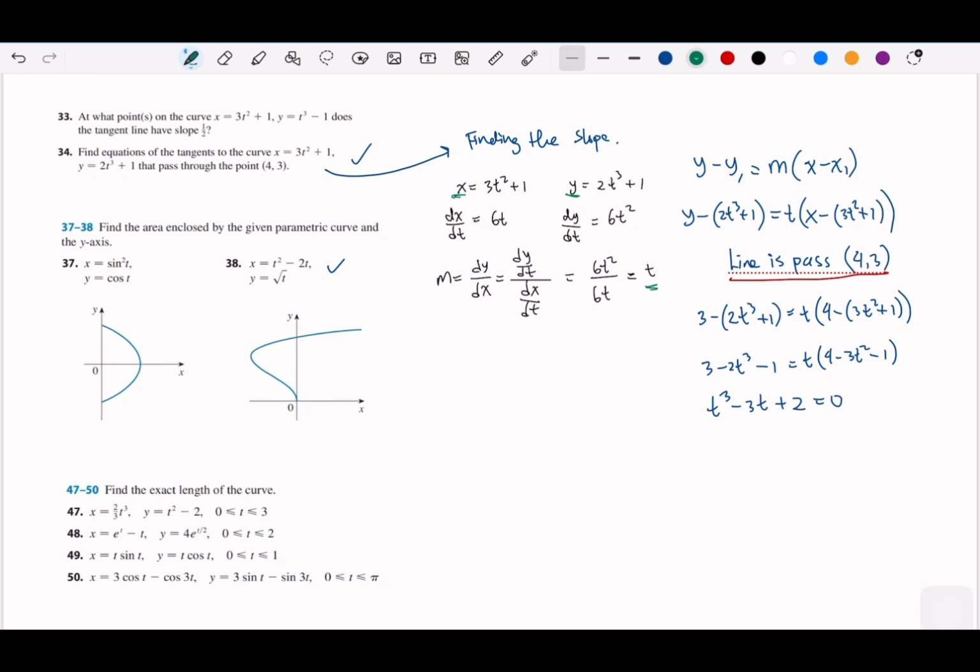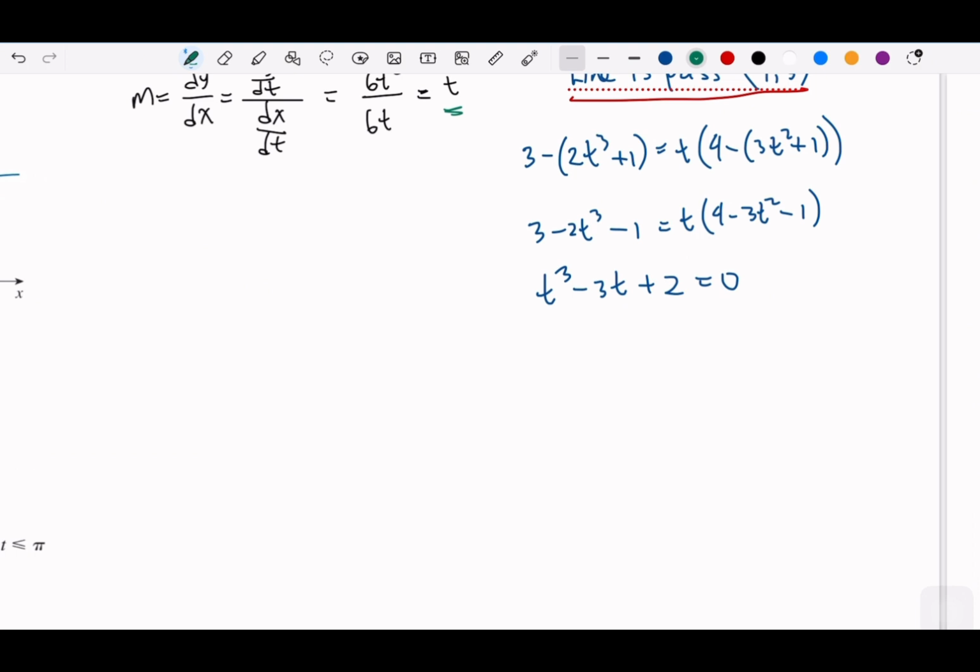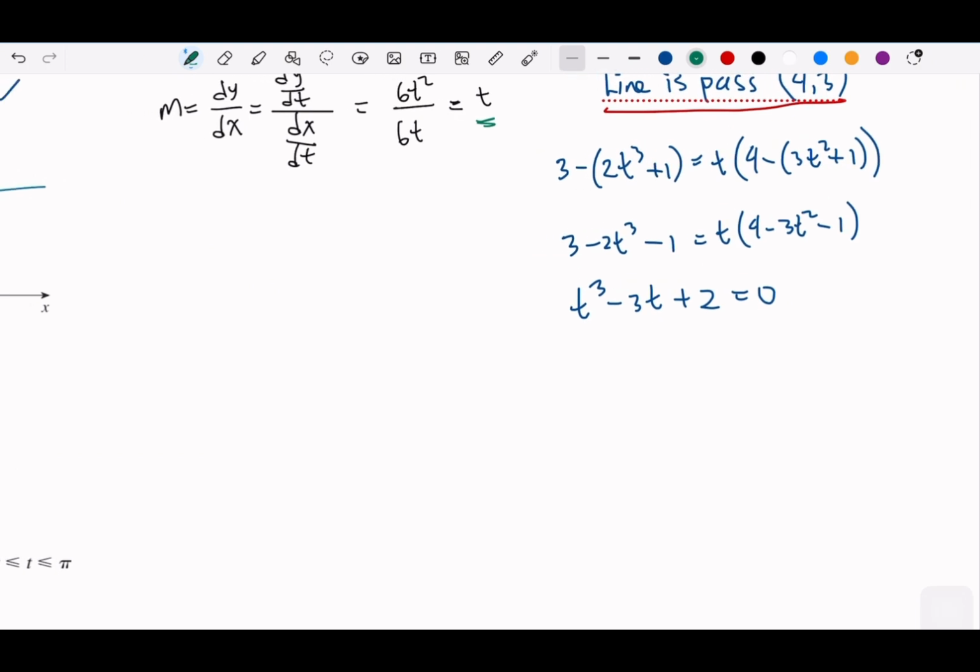If you have a polynomial, you could do polynomial division using synthetic division, especially. I will say that our factors will be plus or minus 1, plus or minus 2. So we could check 1, negative 1, negative 2, and 2.